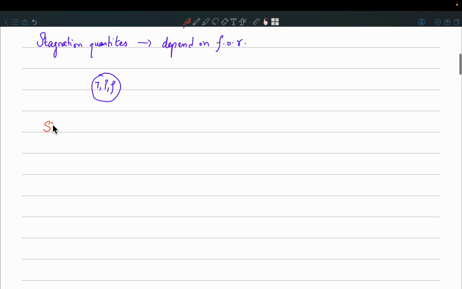Can you tell me what the steady flow energy equation is? Just the energy conservation equation.